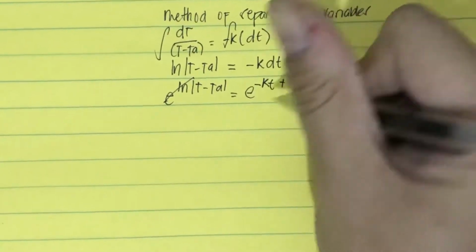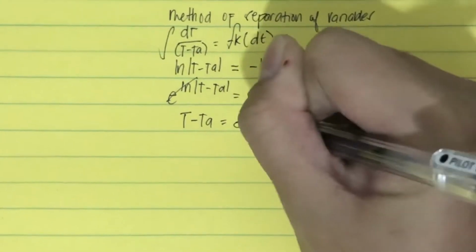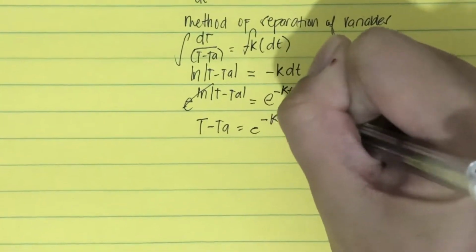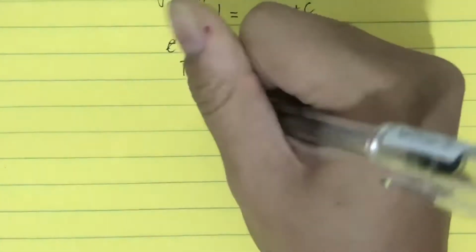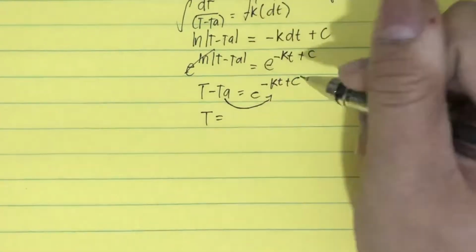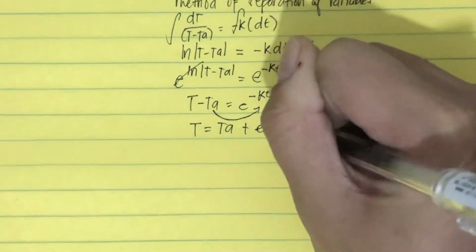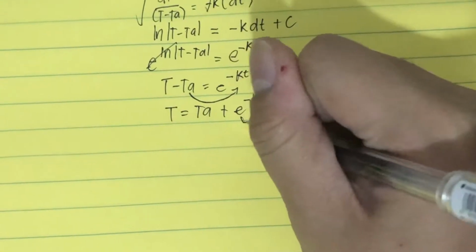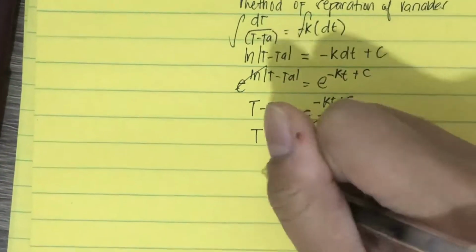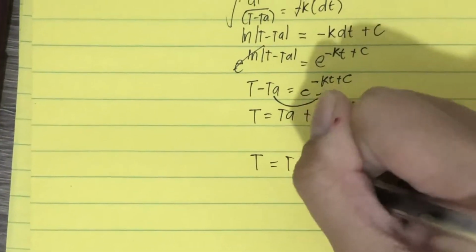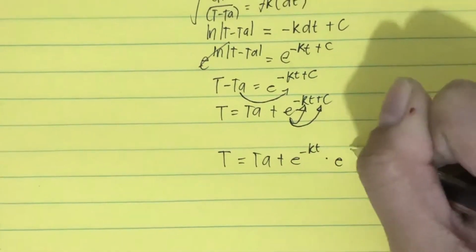This will be cancelled, so we will be left with T minus Ta equals e raised to negative kt plus c. Then we will transpose negative Ta, then it will be equal to Ta plus e raised to negative kt plus c. Distributing this, we will get T equals Ta plus e raised to negative kt times e raised to c.